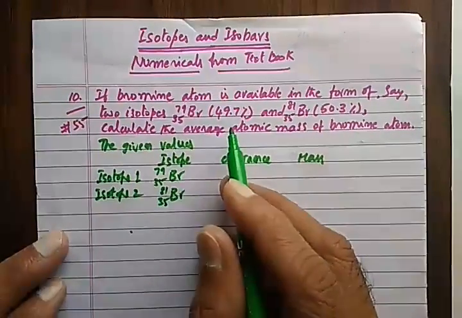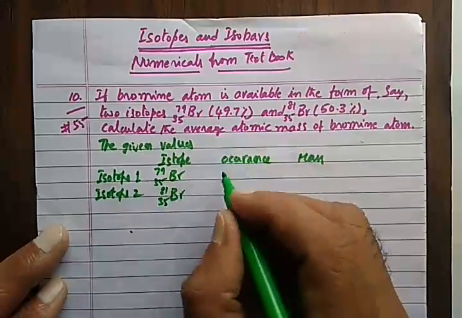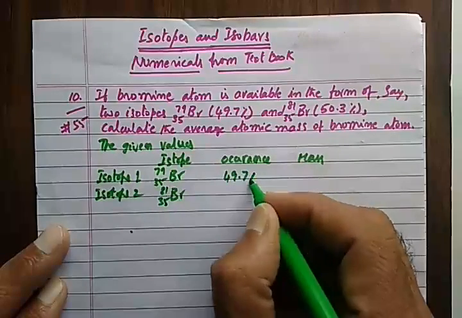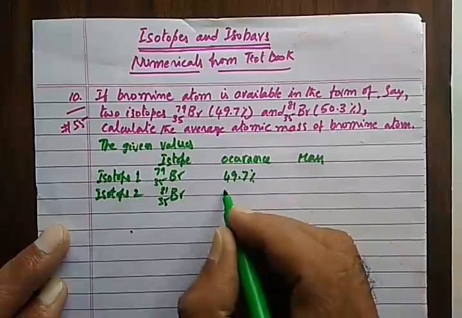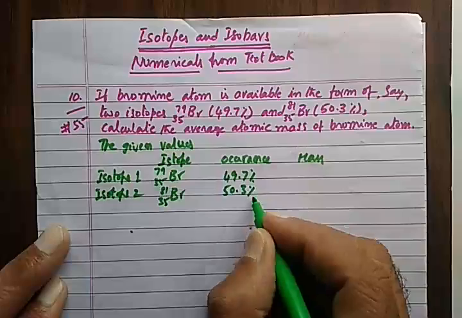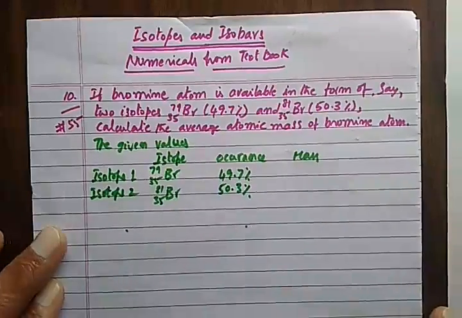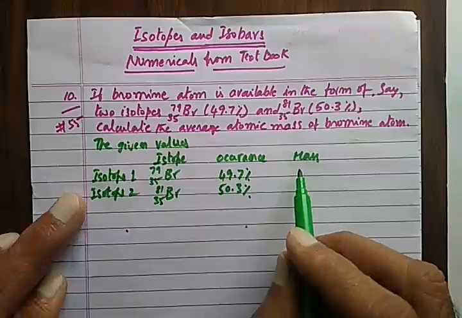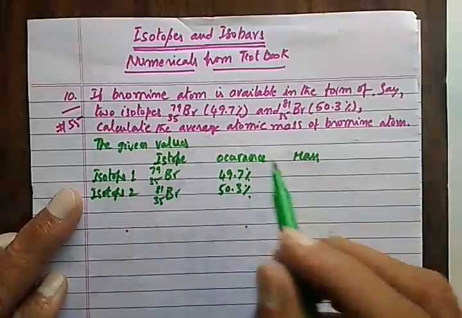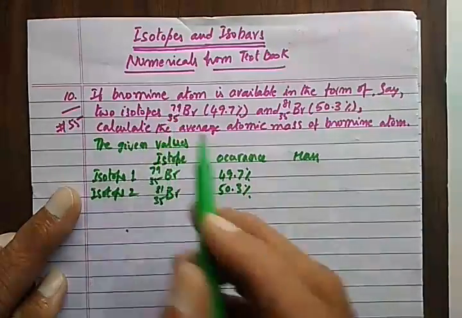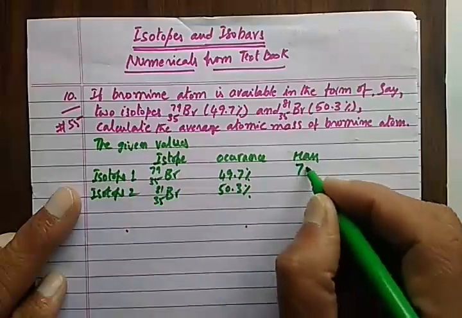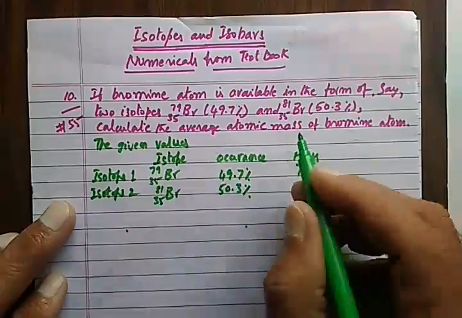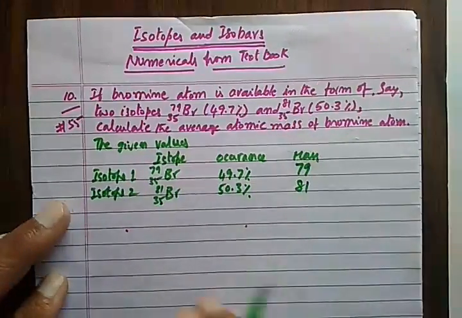Now the occurrence is also given. The first one is 49.7%, second one is 50.3%. The mass of the first one is 79, and the mass of the second one is 81.